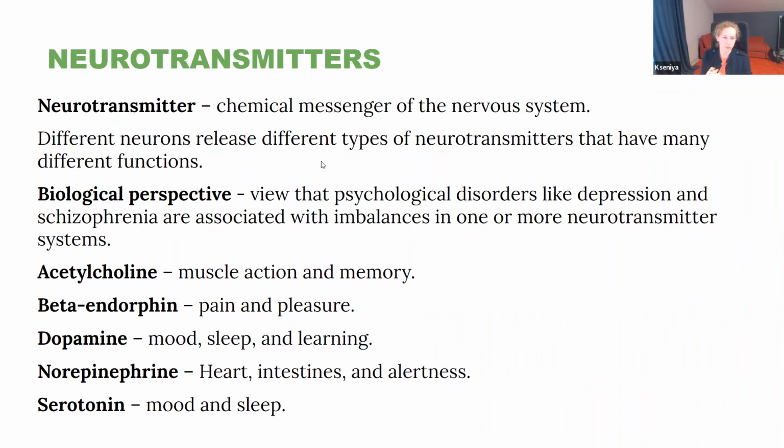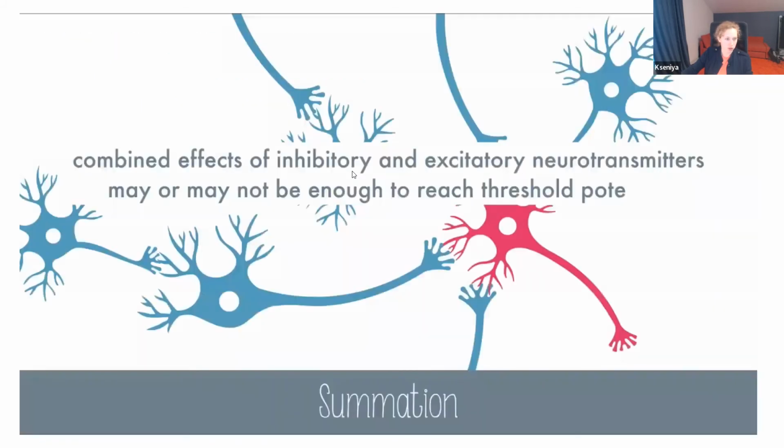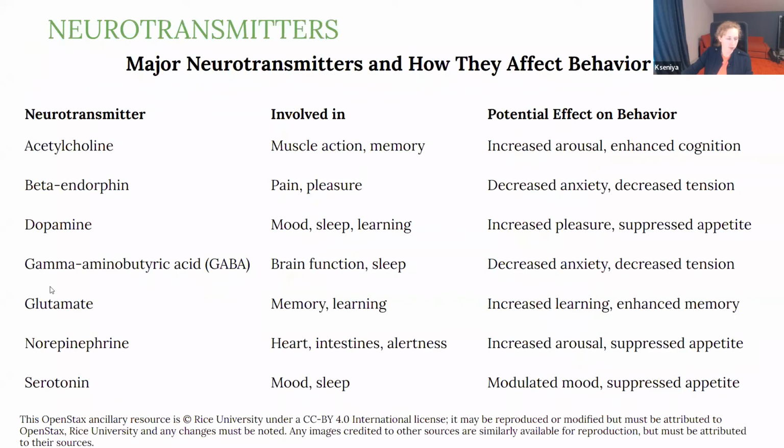There is an idea of a biological perspective, a view that all the mental disorders like depression and schizophrenia and so on are connected with the imbalance of different neurotransmitters. So there are many different types of neurotransmitters like dopamine, glutamate, serotonin, and so on.